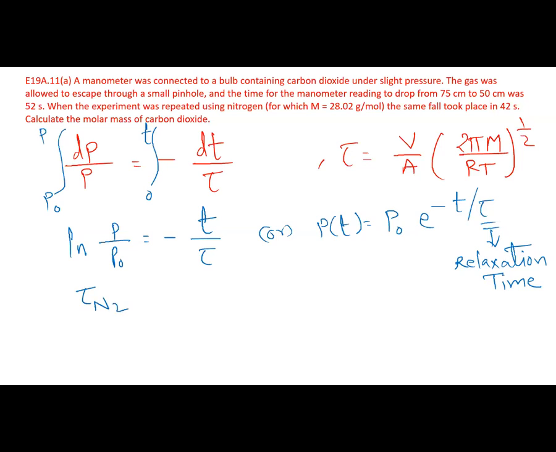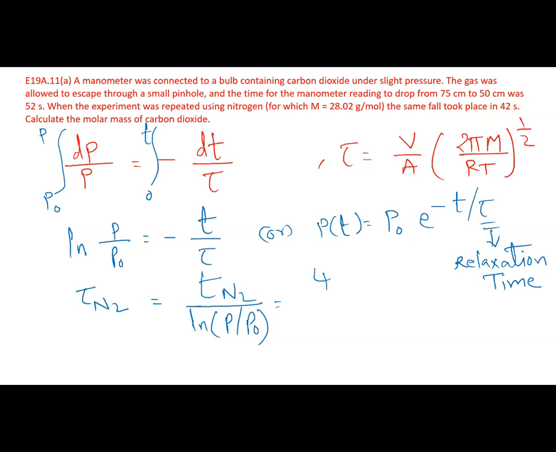So I can calculate the relaxation time for nitrogen. Here we don't have to consider the negative sign because time is going to be positive, so for calculation purposes I can disregard the negative. It's basically t, the time the manometer takes to fall from 75 to 50 centimeters, over ln P over P naught.